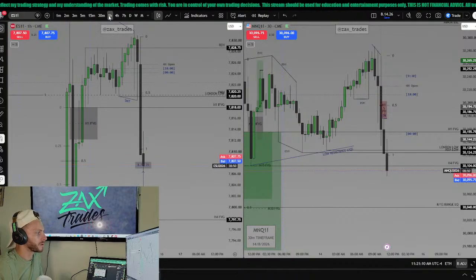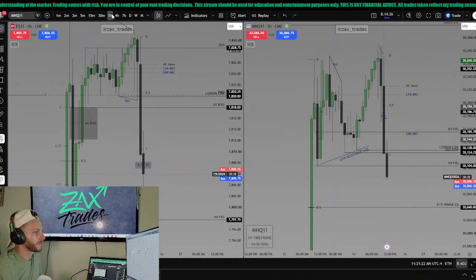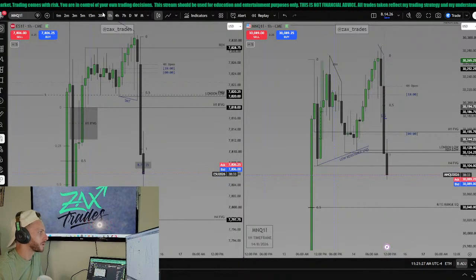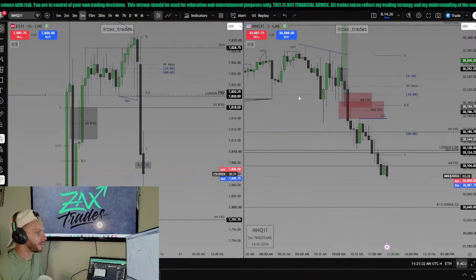How are we starting this? So we started higher and now we're turning over. That's potentially interesting. Yeah, we are going to leave behind a 1 hour FVG potentially. Started higher. We really didn't tap much of anything.